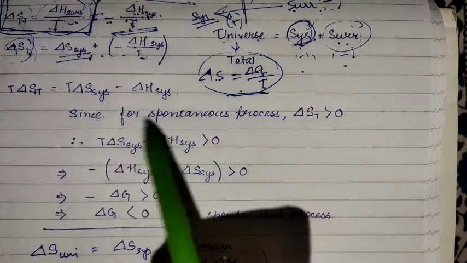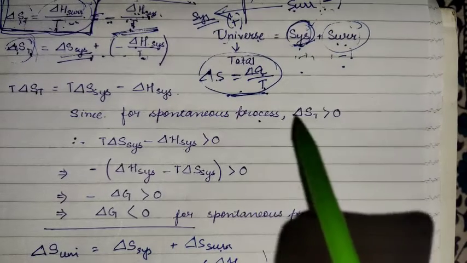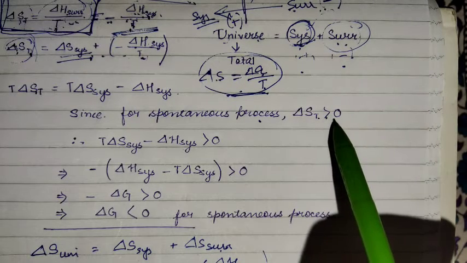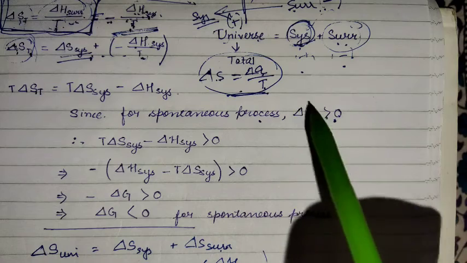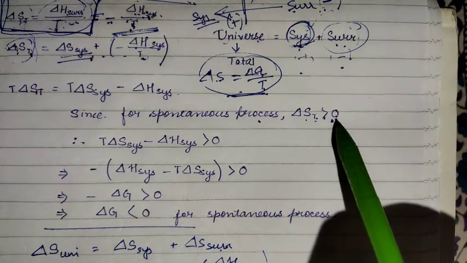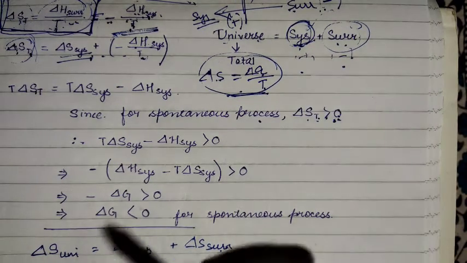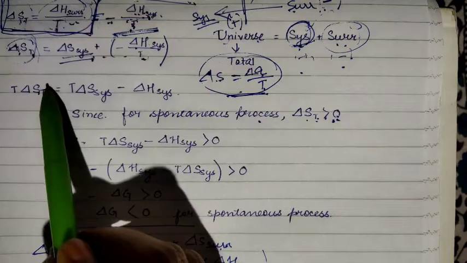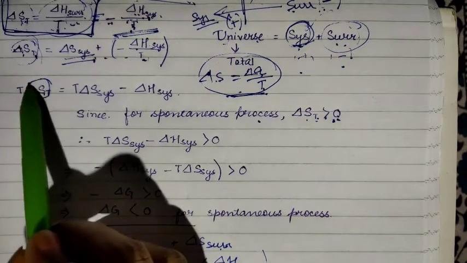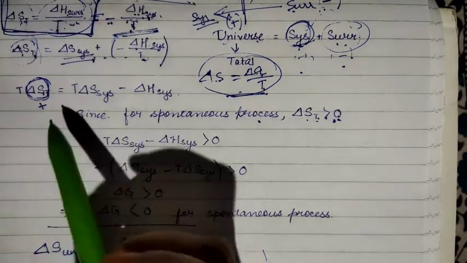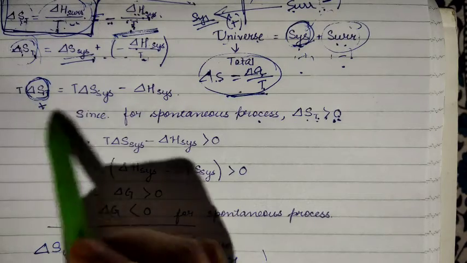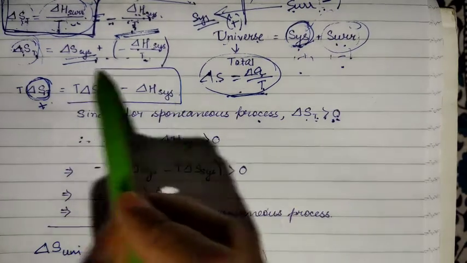Now you know that for a spontaneous process, delta S is greater than 0. Now if this is greater than 0, it means this is positive. Clear? If this is positive and this is equal to this whole term, right?